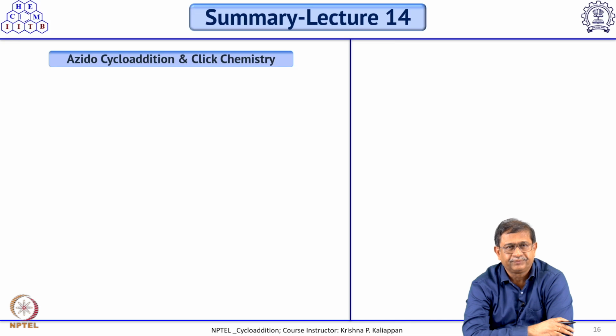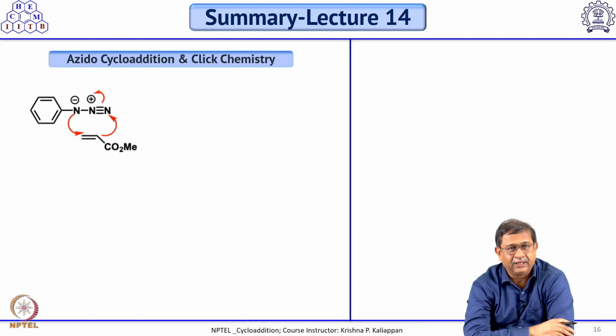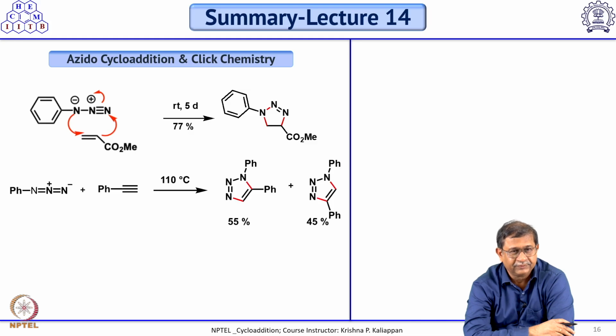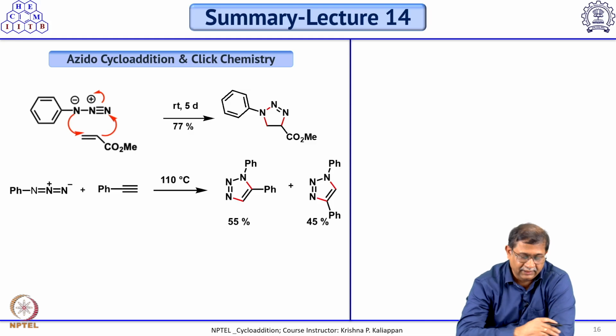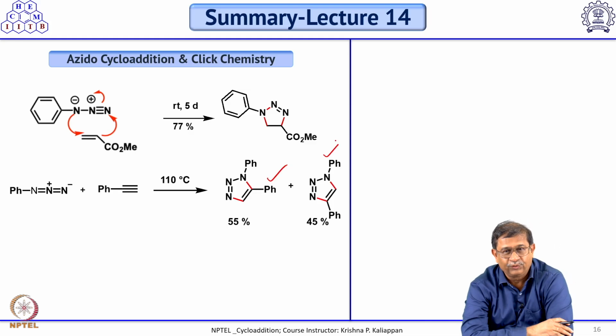In lecture 14, we move to a very important class of dipole, that is azides. So how azides are used in 1,3-dipolar cycloaddition, particularly with alpha beta unsaturated system, and when the same reaction was carried out between azide and alkyne, it normally gave a mixture of 1,4 and 1,5 triazoles.